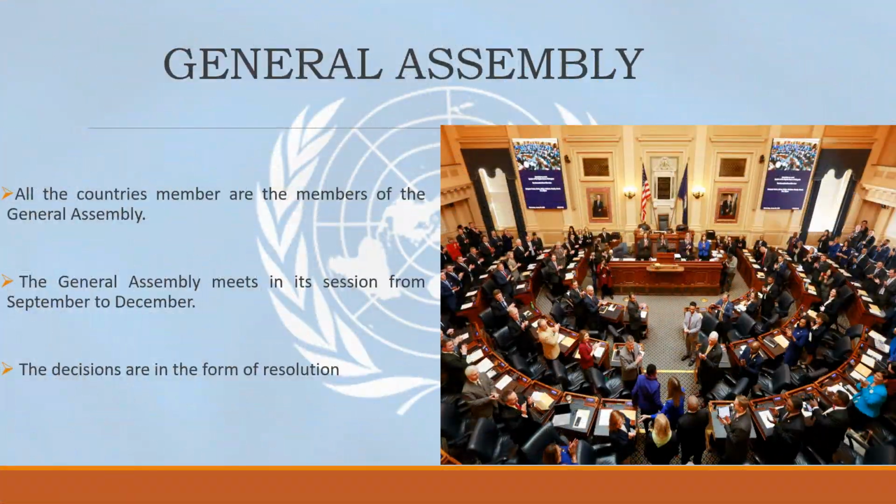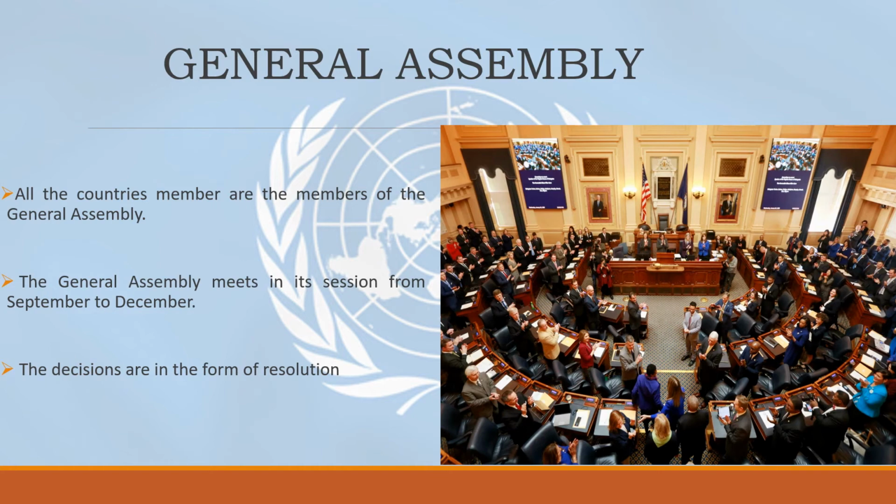General Assembly. All the member countries are members of the General Assembly. The position and status of all countries, whether they are poor, rich, big or small, is the same in the General Assembly. Every year, the General Assembly meets in its session from September to December.